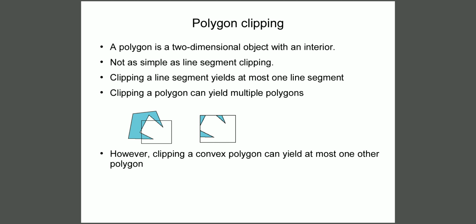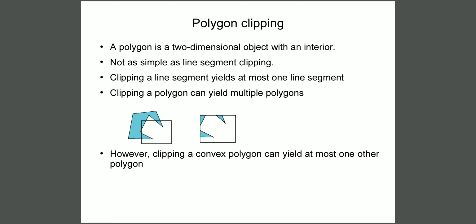Till now we have discussed clipping of line segments, that is, how to remove the parts of a line segment which are not visible to a user. Now we'll see what polygon clipping is. A polygon is generally a two-dimensional object with an interior. Polygon clipping is not as simple as line segment clipping.